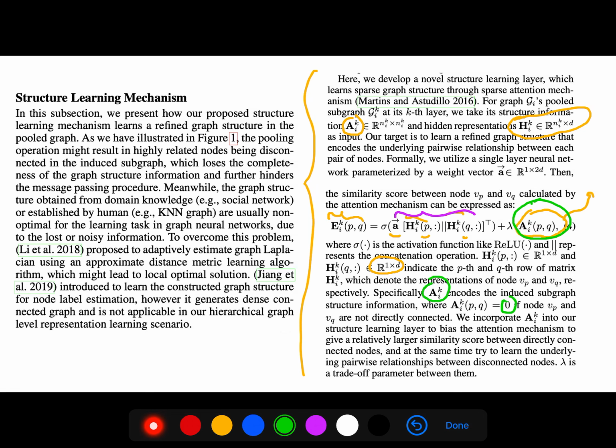For example, if it is 0, it means node V and Q are not directly connected. So we incorporate A to the K into our structural learning layer to bias the attention mechanism to give a relatively larger similarity between directly connected nodes. And at the same time, try to learn the underlying pairwise relationship between disconnected nodes.